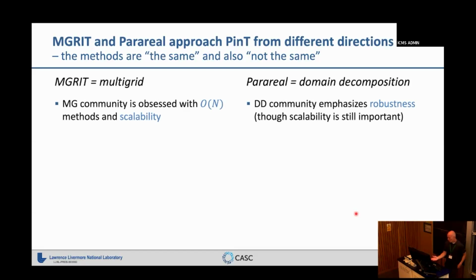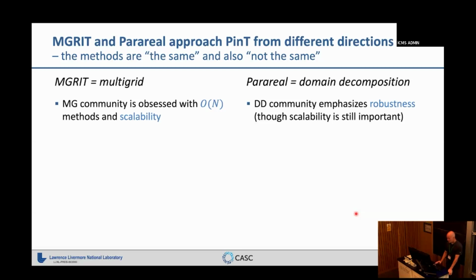In the multigrid case, as you saw, we're obsessed with O(n) and scalability. That's all we think about. In the DD community, even though scalability is important, there's more emphasis on robustness. So you want to develop a method that converges well for large classes of problems.